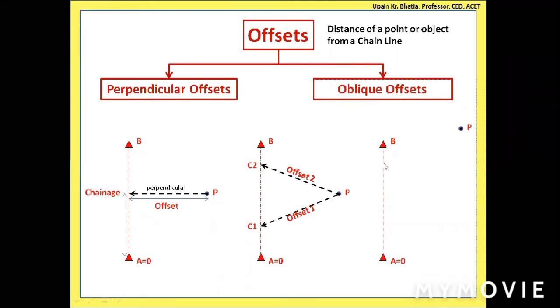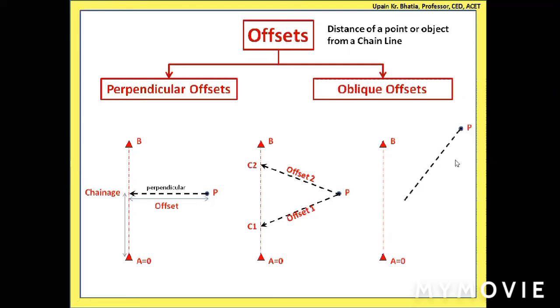And if you extend this chain line AB, then only you will be able to have a perpendicular offset, right? Otherwise, say somewhere here you have a boundary line and you cannot go further, but that boundary line is extending in this direction, so this point P comes in your area, that is to be observed. Perpendicular is not possible, but there is no obstruction as such also.